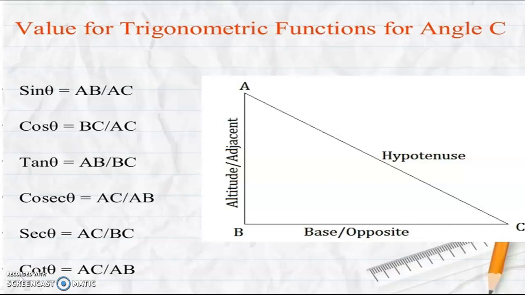Next, cos theta will be BC upon AC. Tan theta is AB upon BC. Cosecant theta will be AC upon AB. Then secant theta is AC upon BC, and cot theta will be BC upon AB. We can see here that cosecant, secant and cot are the reciprocals of sine, cos and tan theta.